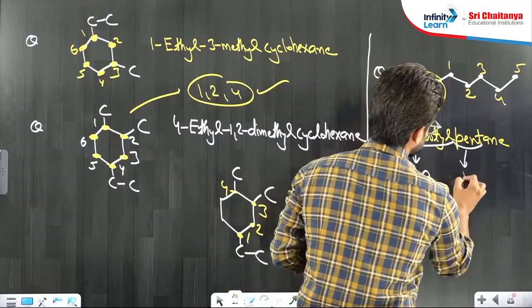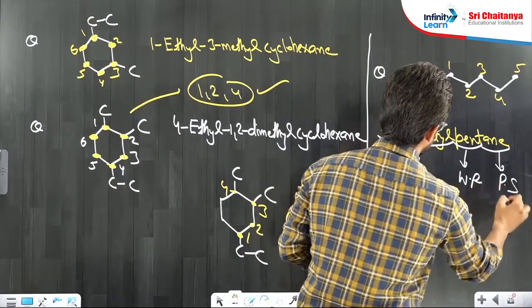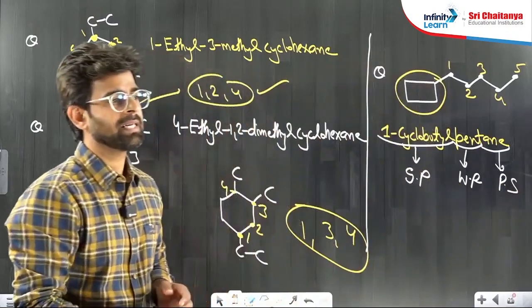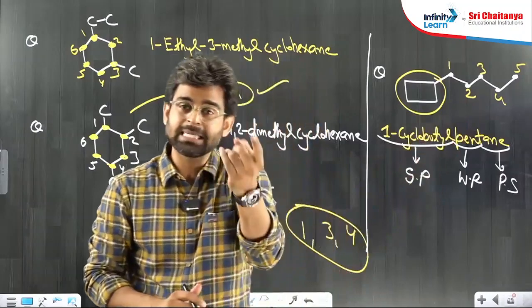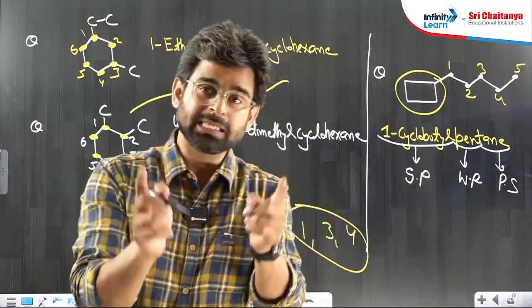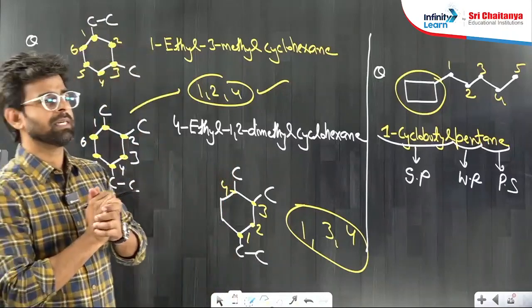It is the word root. It is the primary suffix, right? Okay, everyone, clear? If the side chain has more carbons, then take the side chain as the main chain and the cyclic chain as the substituent. Okay, are we clear?